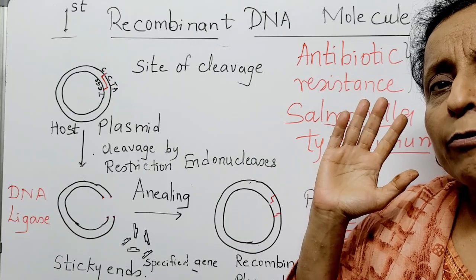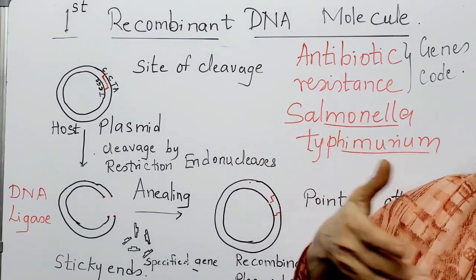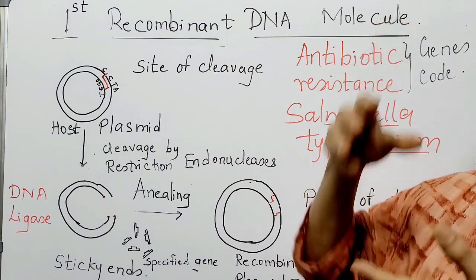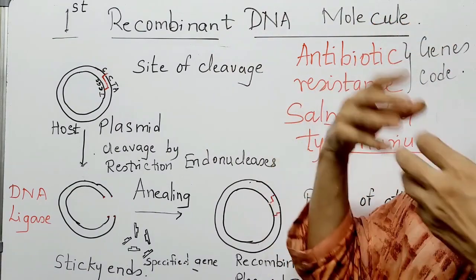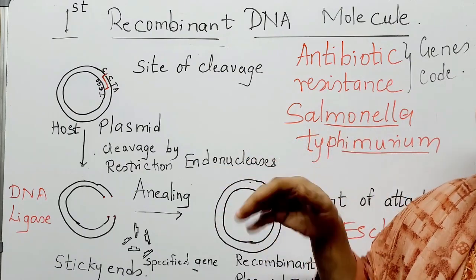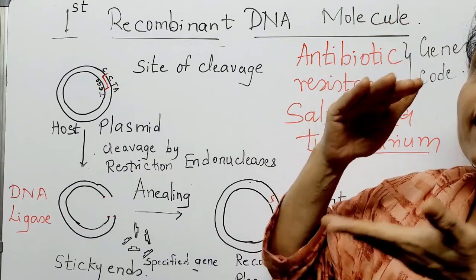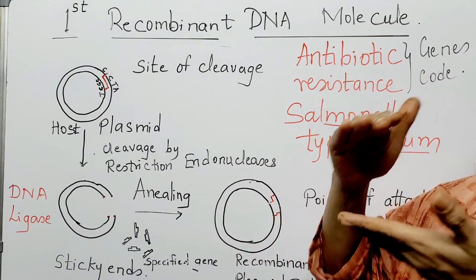So this biomolecule goes on multiplying, and then we culture Escherichia coli. More and more antibiotic molecules will be produced. That has to be separated and then put into the bottle. You have the chemical, that is, antibiotic resistance.